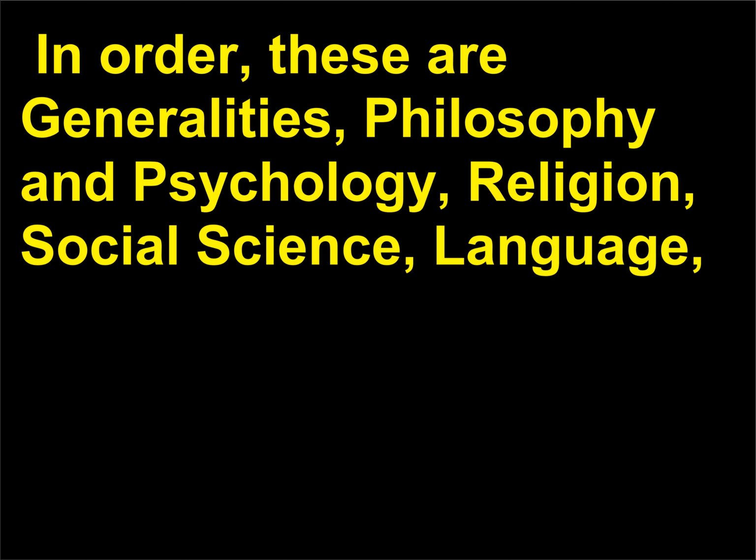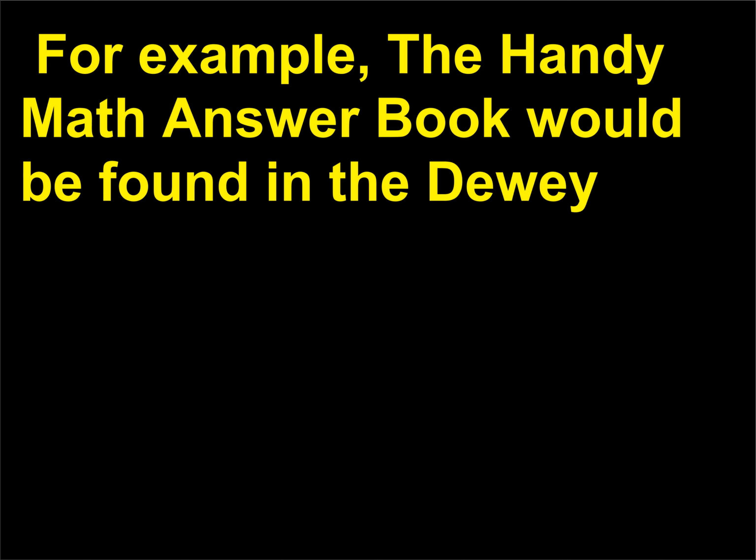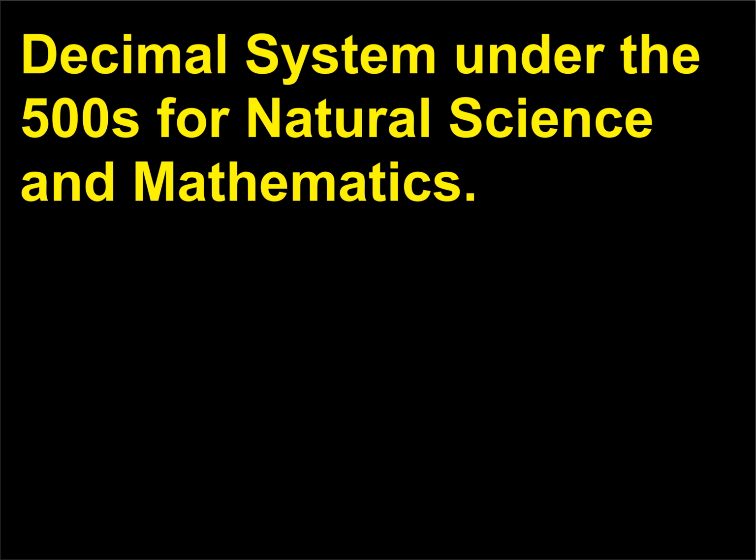In order, these are generalities, philosophy and psychology, religion, social science, language, natural science and mathematics, technology, applied sciences, arts, literature, and geography and history. For example, The Handy Math Answer Book would be found in the Dewey Decimal System under the 500s for natural science and mathematics.